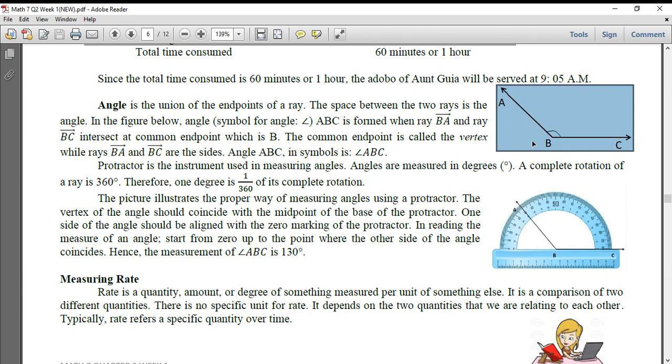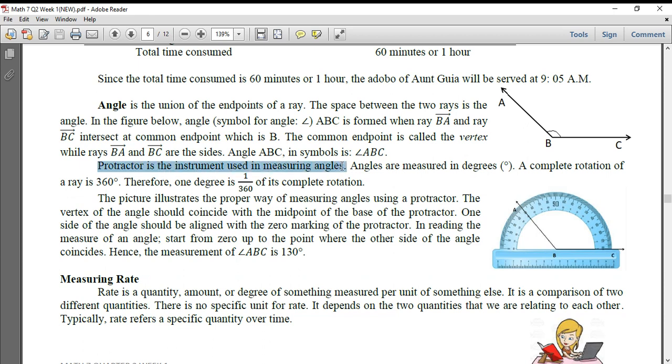Ito naman pa horizontal. Okay? So, in symbols, that's angle ABC. Okay? Para sa symbol natin, ito. So, angle ABC.